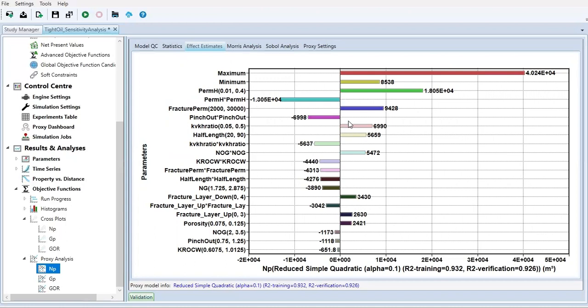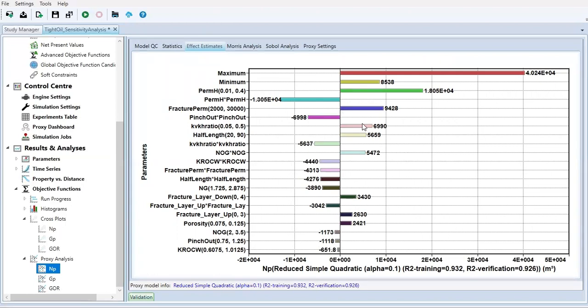KVKH also, but you see the pinch out, the relative permeability of oil at connate water condition, and the NOG, generally they are not very important. Fracture permeability, of course, is quite important. It gets the third rank, and then fourth rank, pinch out multiplied by pinch out, though I don't know what pinch out multiplied by pinch out means, by the way.